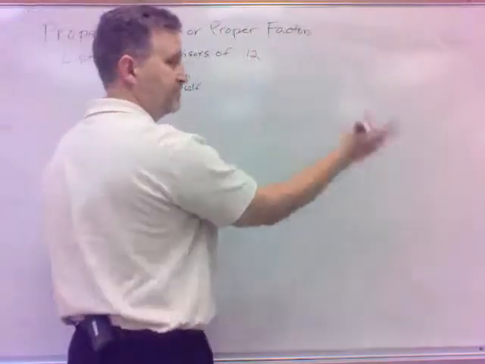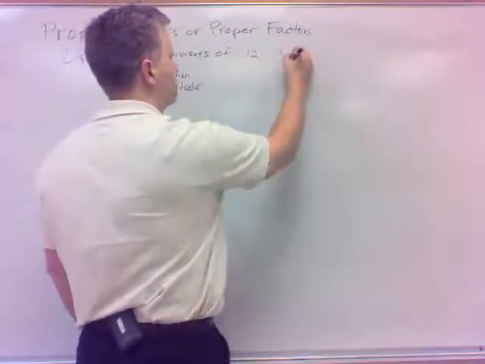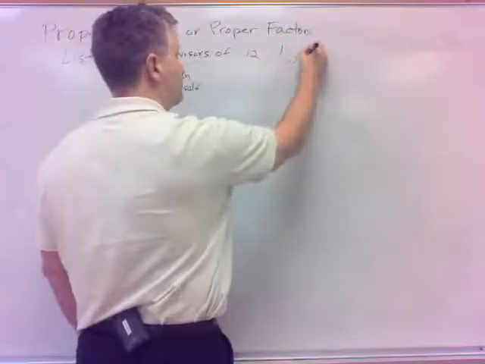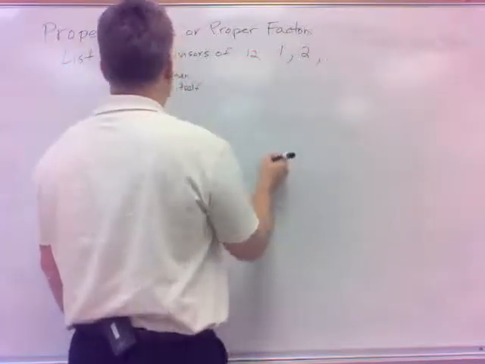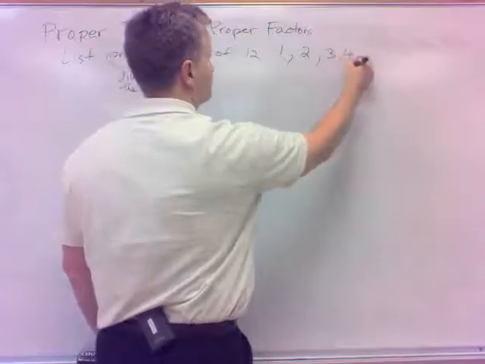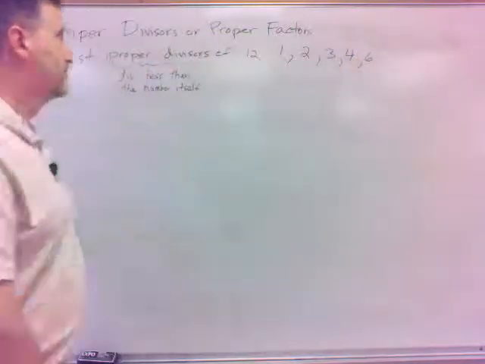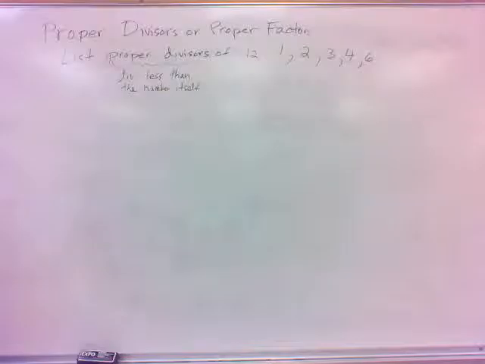And of course, by divisor, I mean factor as well. 1's a factor, a divisor. 2, what else? 3, 4, and 6. Now, 12 is a factor, 12 is a divisor, but it's not a proper divisor because, again, with proper divisors, we're only talking smaller numbers that are divisors. Okay? So 1, 2, 3, 4, and 6 are the proper divisors of 12. So basically you leave off just one number, right?